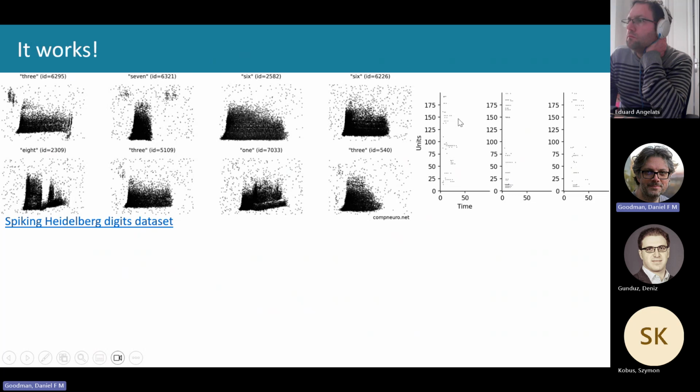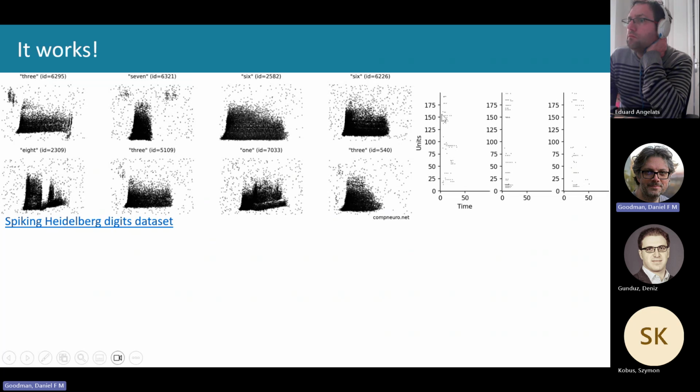Here's just a couple of examples of what the intermediate hidden neurons look like in a very simple model. So if I remember right, what I'm showing you from here is from a model where they just take these as inputs, they feed it into a recurrently connected pool of 300 spiking neurons, and then that feeds out into a pool of 10 or 20 neurons that are essentially the readout that you get the class from.